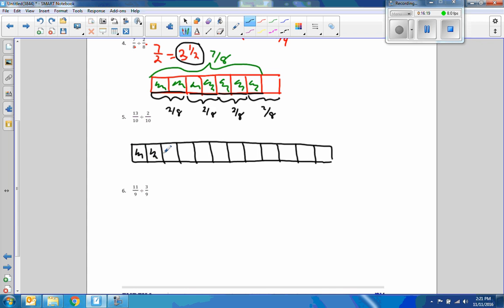So I have 1, 2, 3, 4, 5, 6, 7, 8, 9, 10, 11, 12, 13. So from here to here is 10/10 or 1. So that's 1 and 3/10 or 13/10. I'm going to divide that by 2/10. So this is 2/10, this is 2/10, and so on.